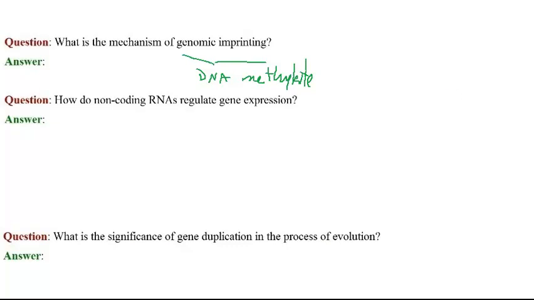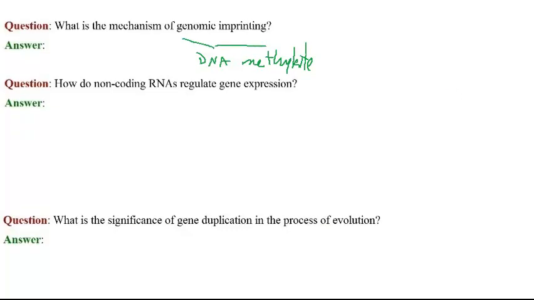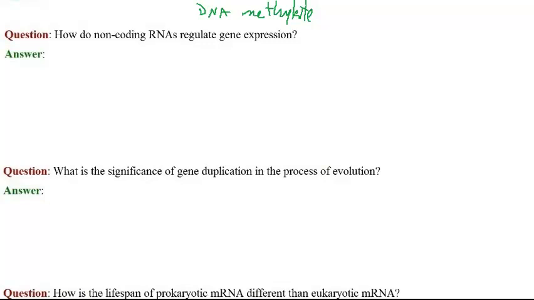The next question is, how do non-coding RNAs regulate gene expression? Okay, so basically we briefly touched upon this topic. Only 2% of genomic transcripts code for protein, and the rest of our DNA is basically non-coding DNA. And so these non-coding DNA, for instance, can form RNA interference or small interfering RNAs, which will form double-stranded RNA with our mRNA and then interrupt its expression.